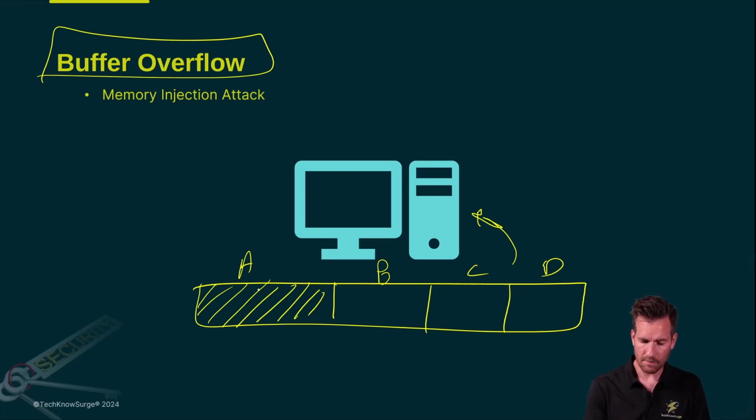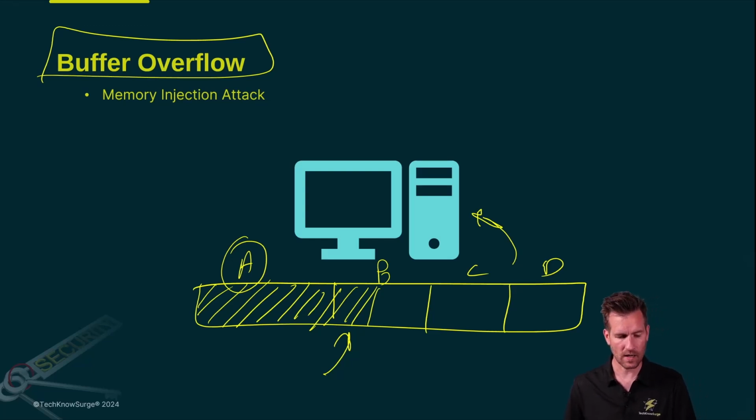Well, what happens with a buffer overflow is when program A uses more memory than it should and overwrites the sections of a different program, causing a problem with the way this computer is running. So that's the buffer overflow.